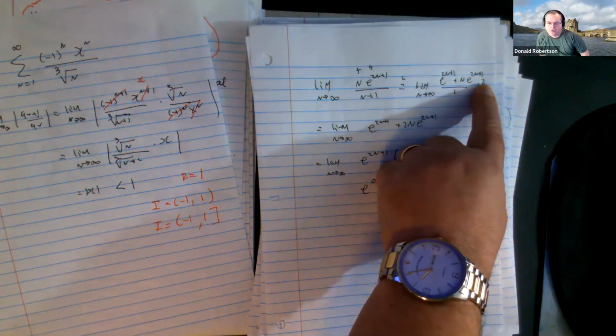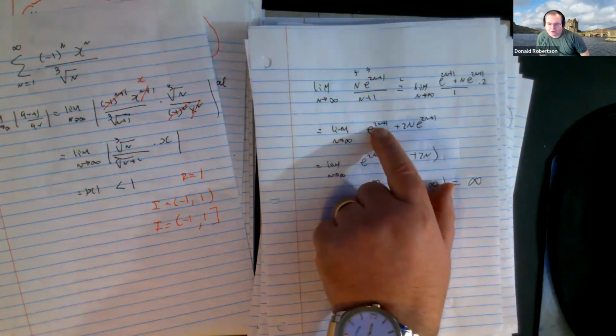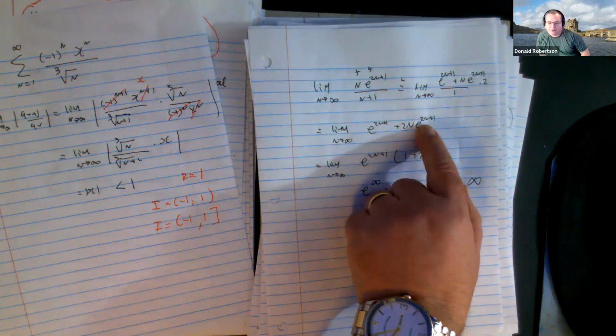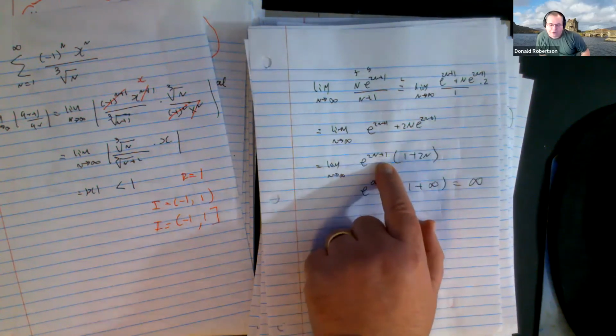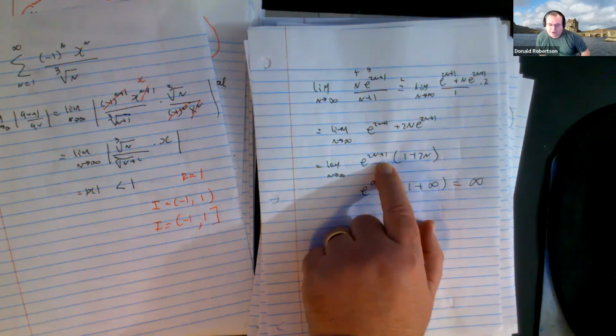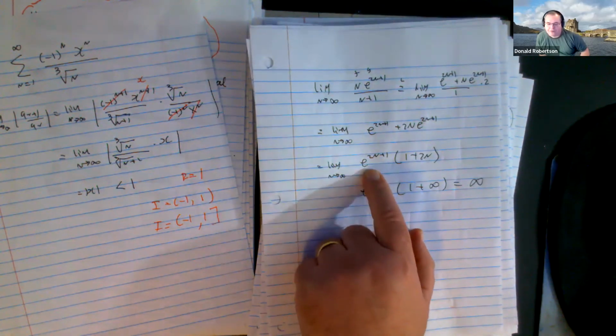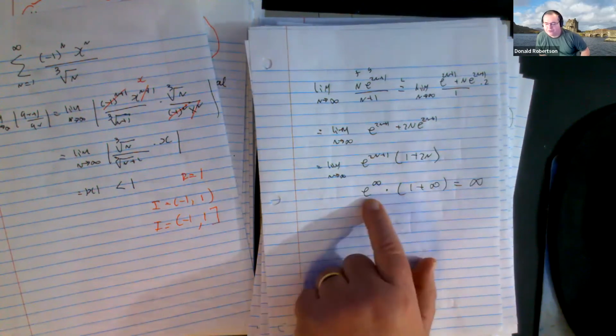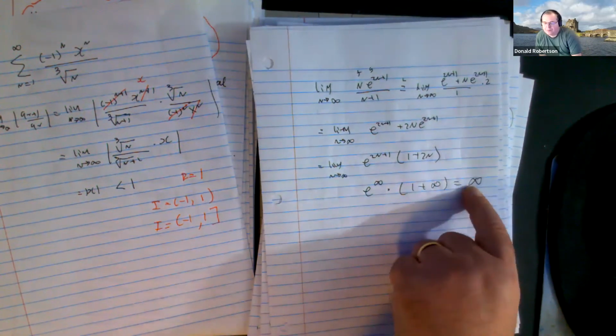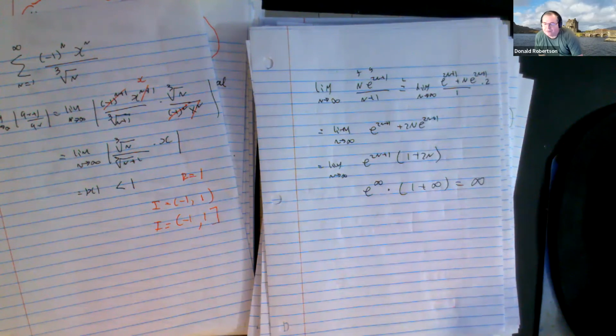So the top row is this guy plus 2n e to this guy, and then pulled out the e to the 2n plus 1 as a common factor. And then I brute forced it. E is infinity times 1 plus infinity. And infinity times infinity is just infinite. And that means that that limit is infinitely big.